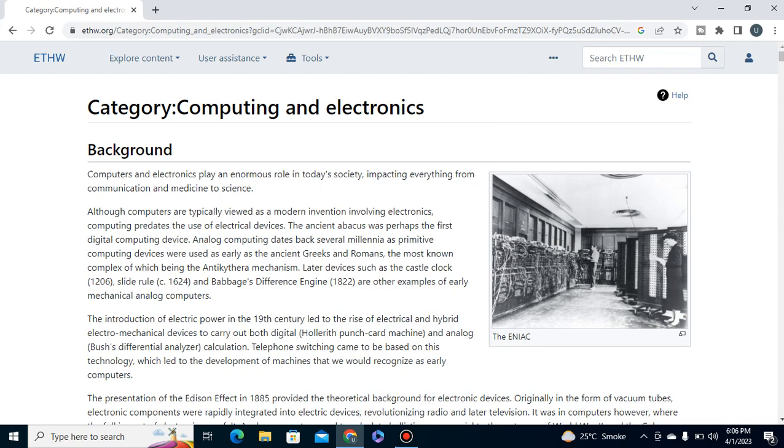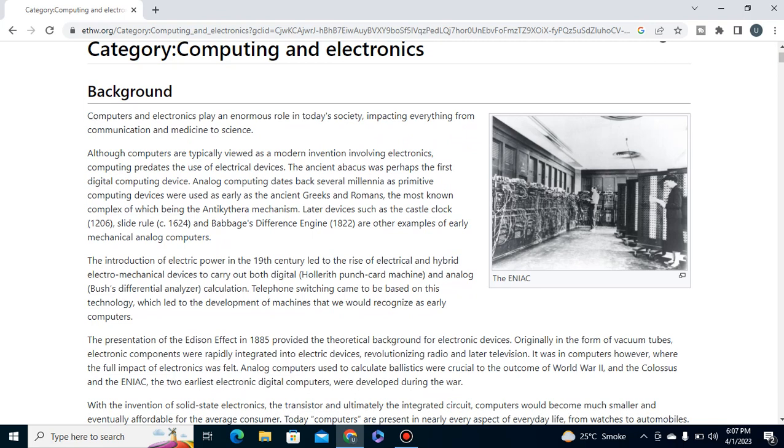The presentation of the Edison effect in 1885 provided the theoretical background for electronic devices, originally in the form of vacuum tubes.